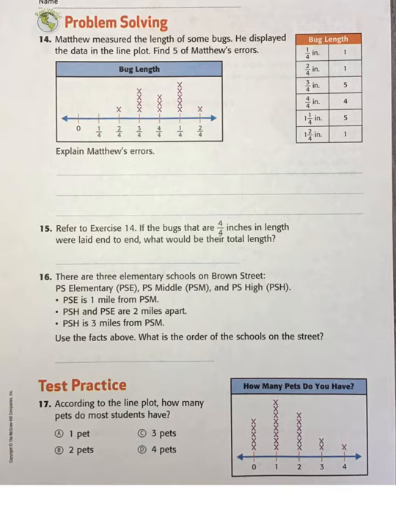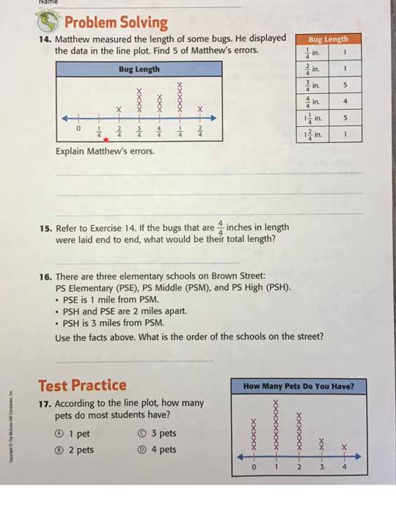Okay, so here's our line plot. We have fractions for our numbers along the line plot, and then we have the x's that represent how many bugs measured that length. So here's our data over here. It says that for 1/4 inch, we have 1 bug.